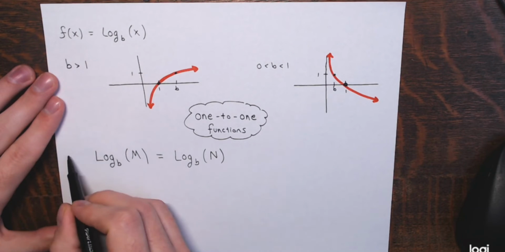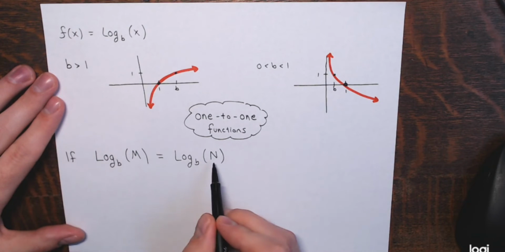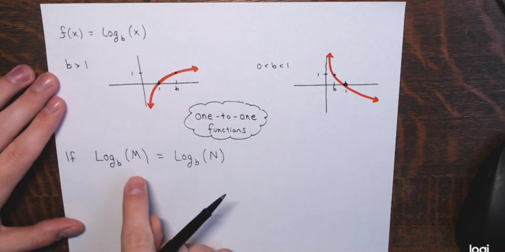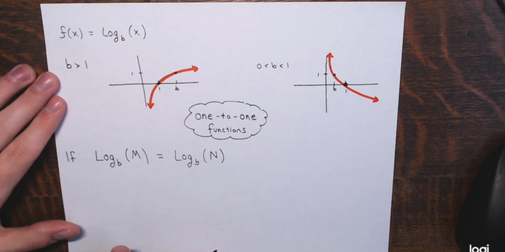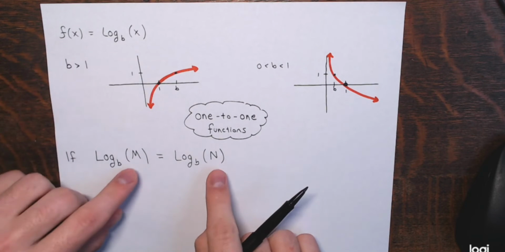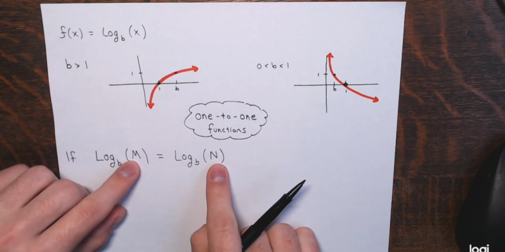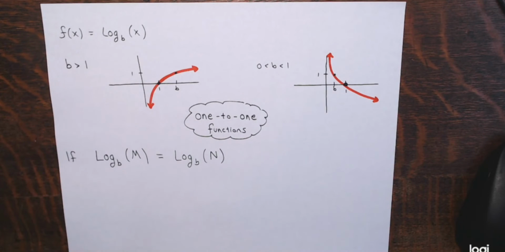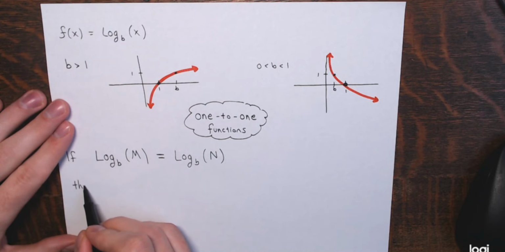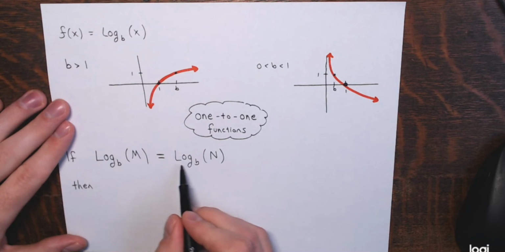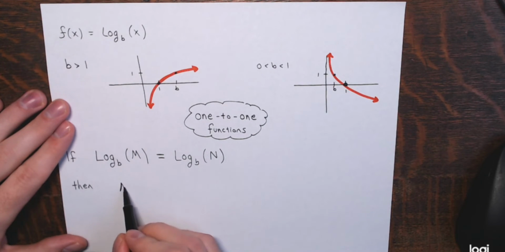Because they're one-to-one functions, the only way these two are going to be equal is if their inputs are exactly the same. Two different inputs would take you to two different outputs. They'd never be equal like this. So if you have two logarithms with the same base equal to each other, then their inputs must be equal.